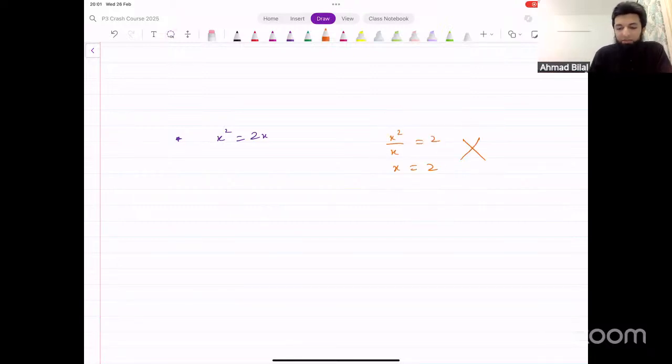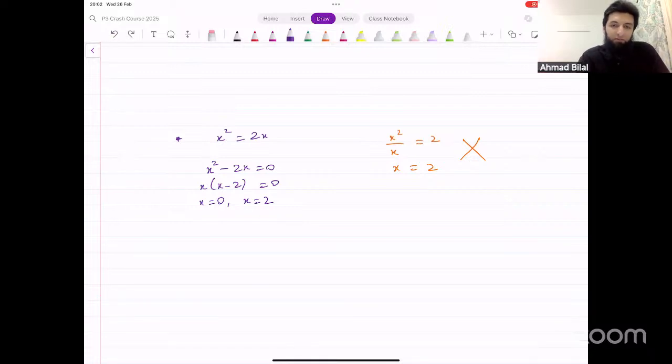Why? Because in this case, you are missing out on one possible answer. You should actually do it like this. You should bring 2x to the left side, take x common, and that gives you either x equal to 0 or x equal to 2. So if the value of a variable can be 0, you don't divide by that, because if you divide, then number one, it can become undefined if the value of that variable becomes 0.